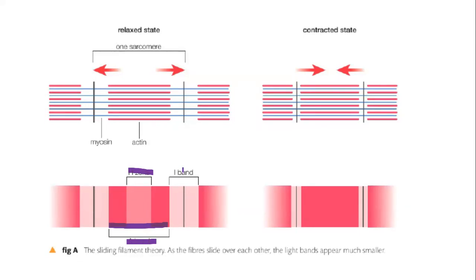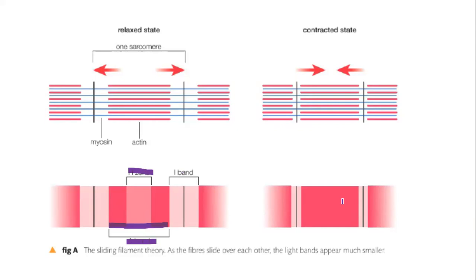Remember that. The A band is going to remain the same length. However, the I band and the H zone will become shorter when a muscle fiber contracts. So the H zone, if you look over here, can you see this? So the I band and the H zone have become shorter, but the A band remains the same whenever a muscle is contracted.